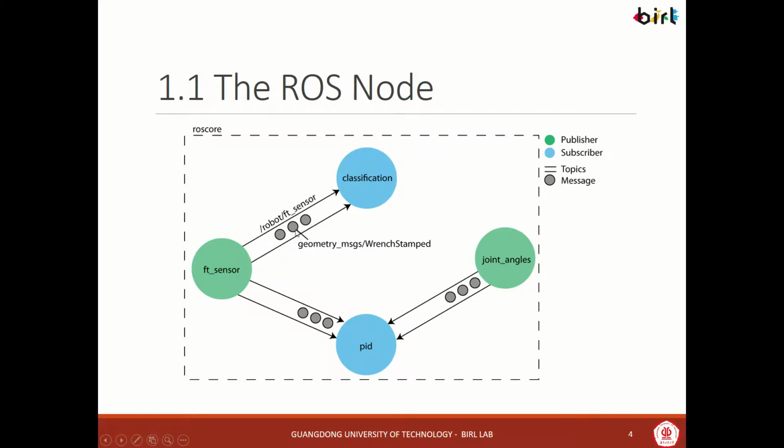This can be understood perhaps as having different types of car on the road. This might be a Ford, this might be a Volvo, this might be a Chrysler car, anything like that. And so in ROS terminology, each of these messages also has a type. They are organized by libraries. For example, here might be a message that is typed geometry messages, and there's many kinds of geometry messages. This one might be a wrench stamped. We're going to be learning more about that later.